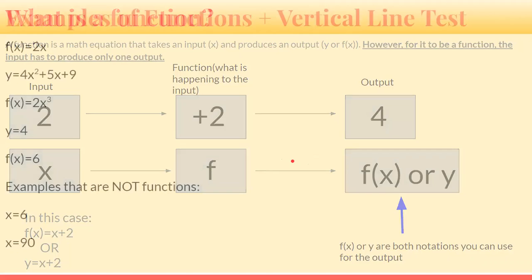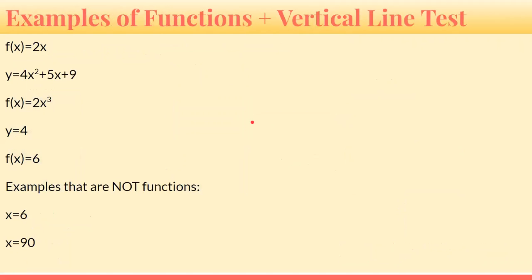So these are some examples of functions. We have f of x equals 2x, y equals 4x squared plus 5x plus 9, f of x equals 2x cubed. Y equals 4 is a function also. So y equals 4 is just a horizontal line, right?